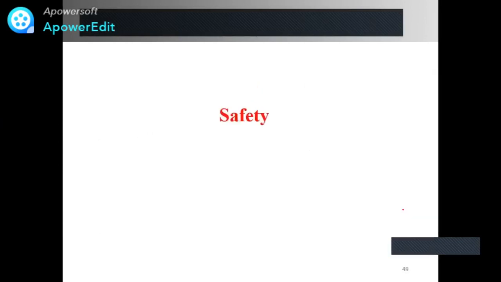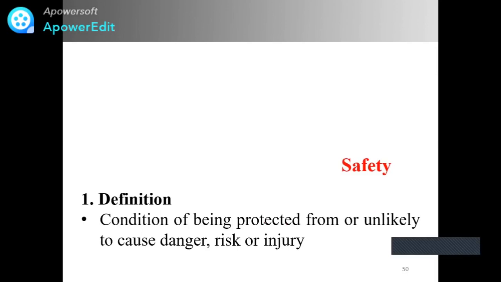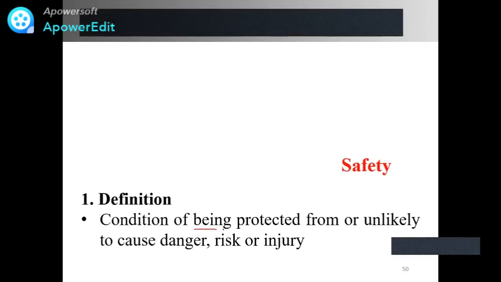Then we move to the second term of our topic, that is safety. Safety means the condition of being protected from, or unlikely to cause, danger, risk, or injury.